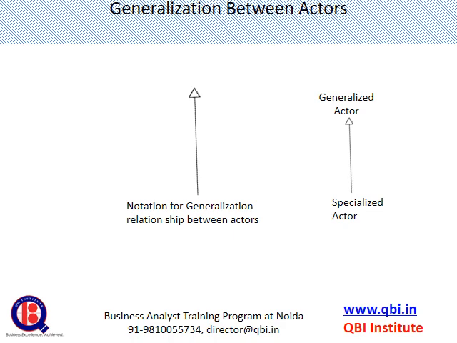The notation is that of an arrow with an arrowhead as shown in the picture. The arrow initiates from the specialized actor and points towards the generalized actor as is shown on the right side.